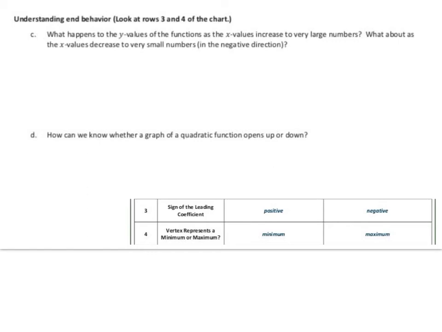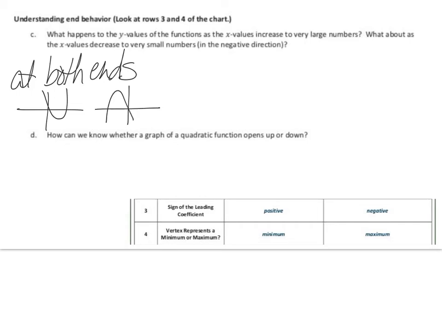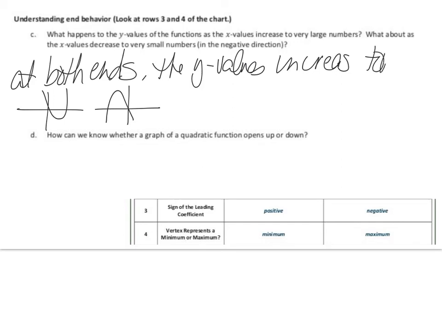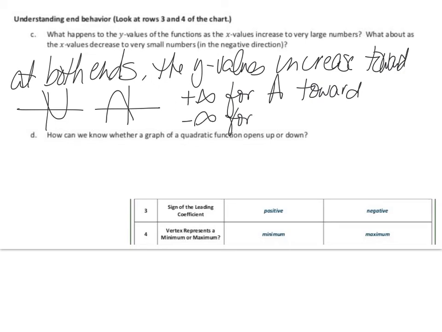If we look at that one, at both ends of the graph, either this one or this one, at both ends, the y values increase toward positive infinity for graph A and toward negative infinity for graph B.